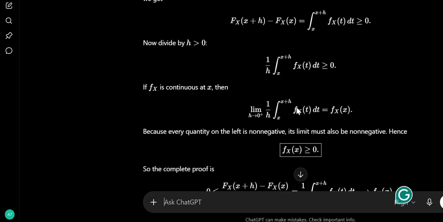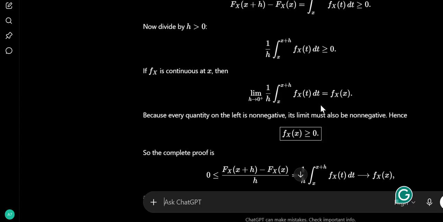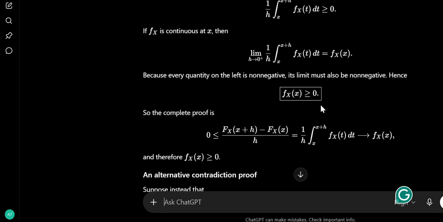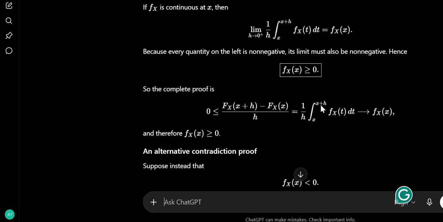He is dividing by h on both sides and making it the derivative of the CDF, f_X(x). And if f_X(x) is continuous, then its limit must be non-negative.